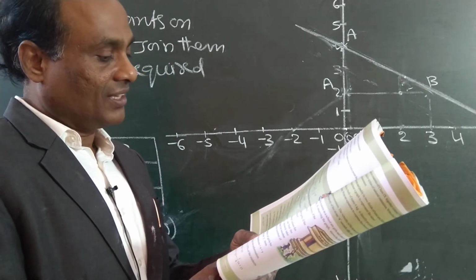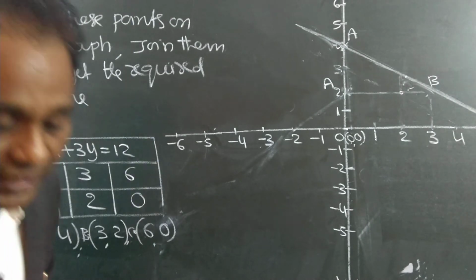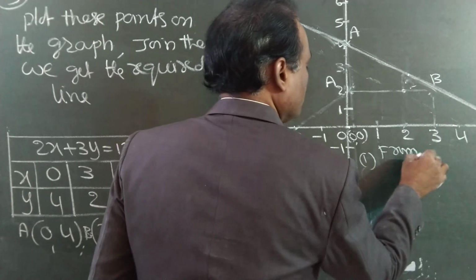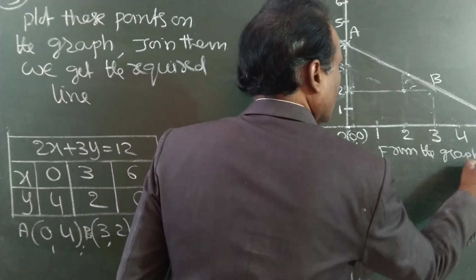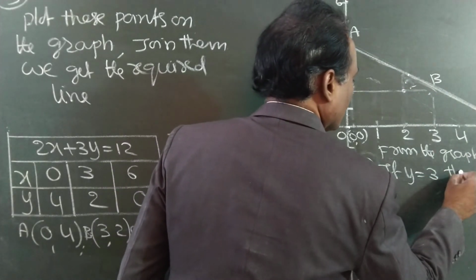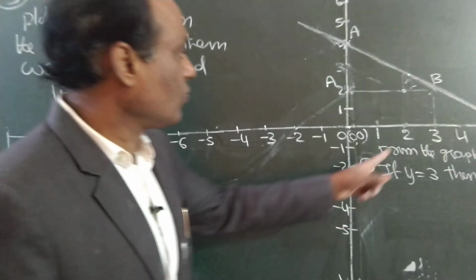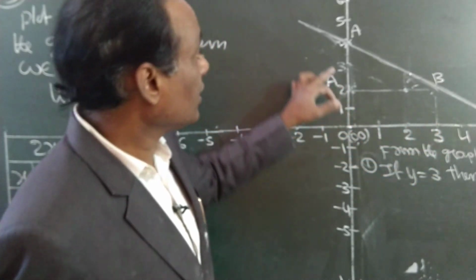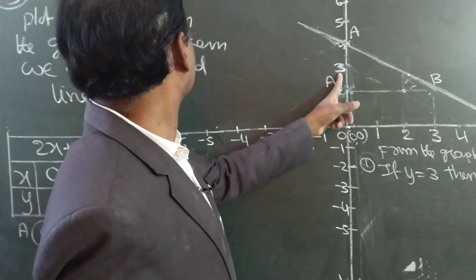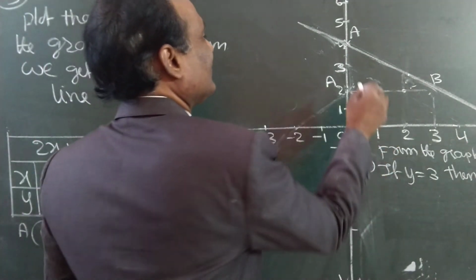First question: if y is equal to 3, then what is x?